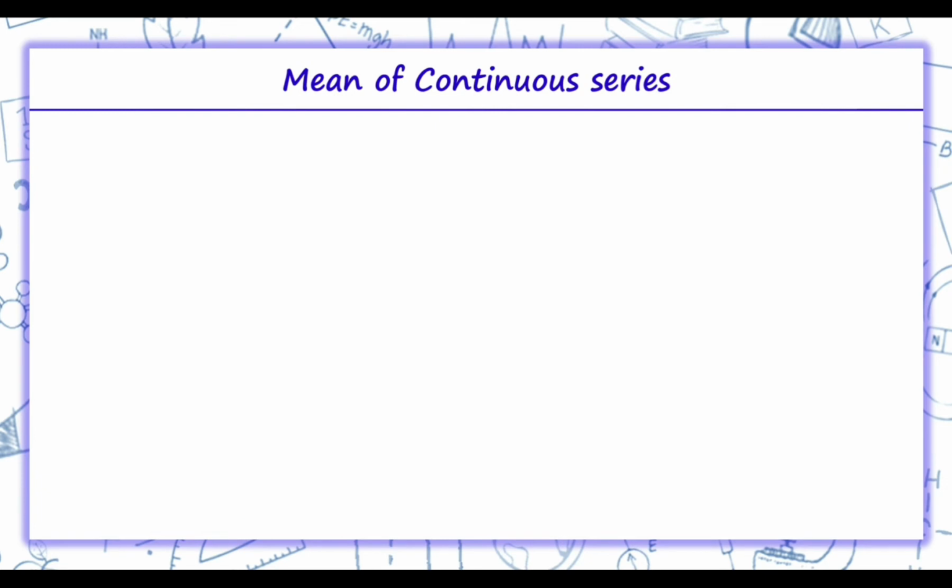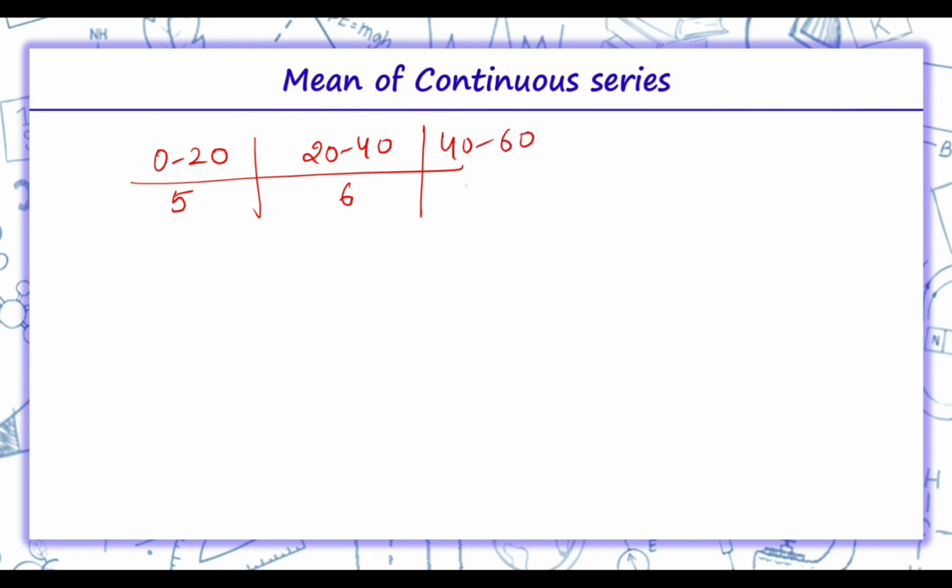Next is continuous series. Now continuous series is a series in which we are provided a group data, like 0 to 20 marks are obtained by 5 students, then 20 to 40 marks are obtained by 6 students, and 40 to 60 marks are obtained by 3 students, and so on.